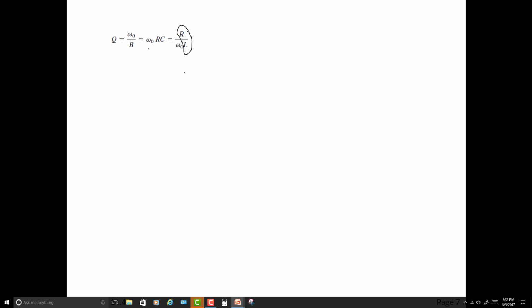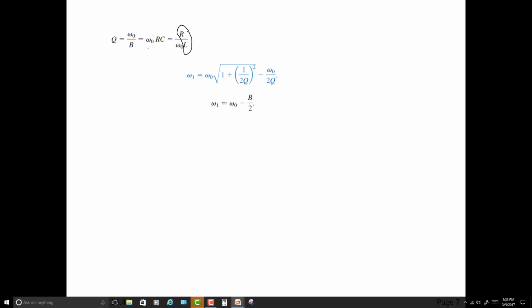RL type time constant. Okay, so omega 1 then, expressed in terms of all of this, is omega 0, the center frequency, times the square root of 1 plus 1 over 2Q, squared, minus the offset.